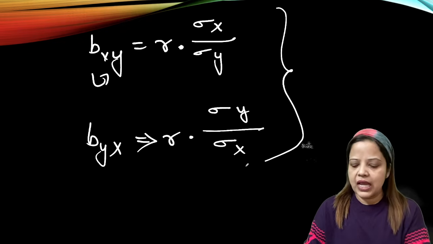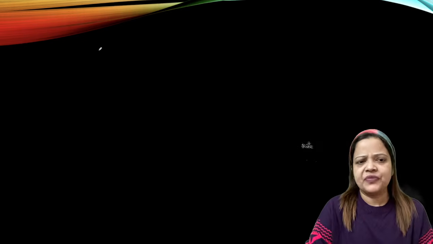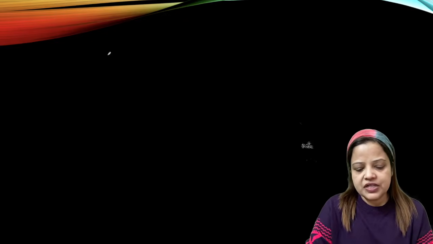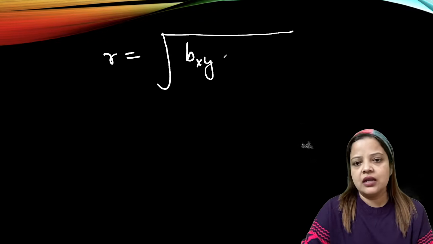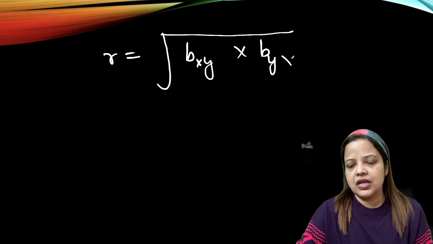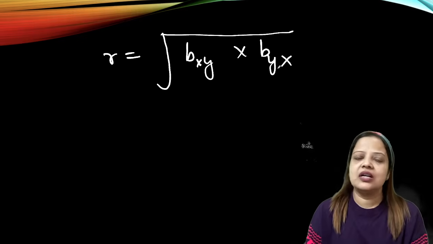When you calculate b x on y and b y on x, with the help of these two lines we can find the correlation coefficient also, because there is a relationship between these two regression coefficients and the correlation coefficient. The relationship is: r, the correlation coefficient, is equal to the square root of the first regression coefficient into the second regression coefficient.